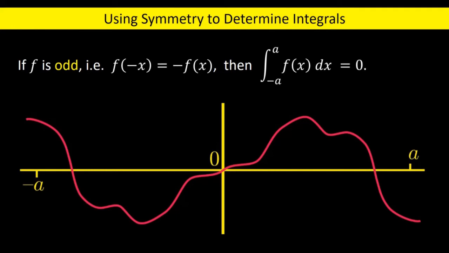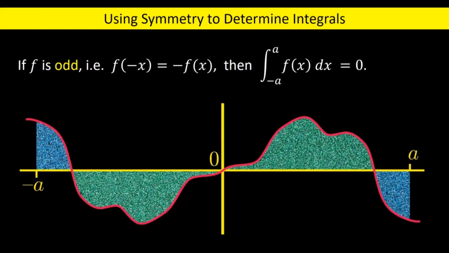Here's a graph of a somewhat randomly chosen odd function. Whatever it is, just because it's odd, its integral from minus a to plus a has to be 0. That's because whatever happens on the left side exactly cancels out whatever happens on the right side.